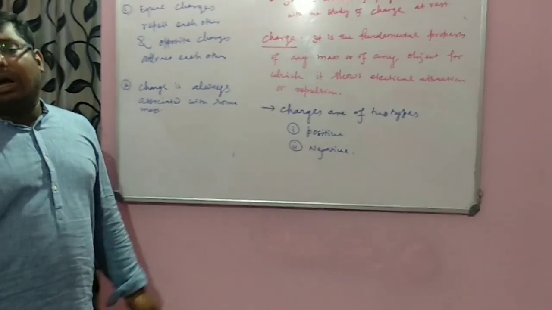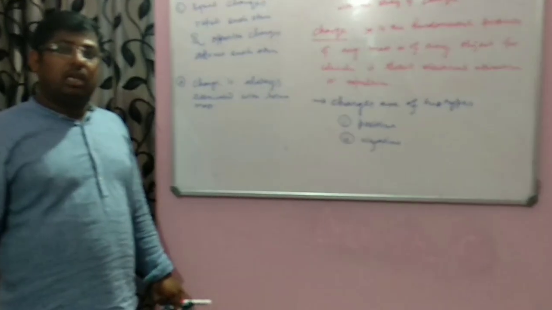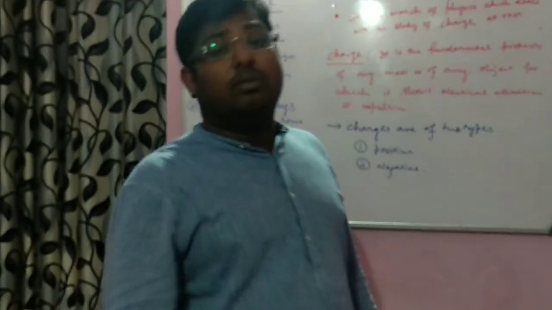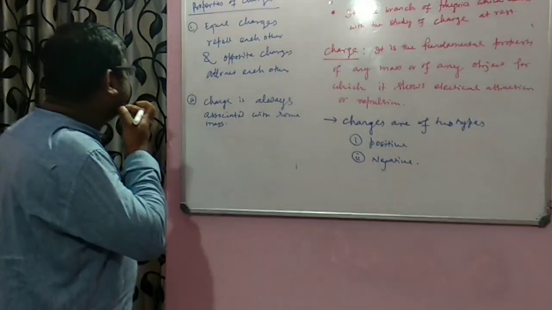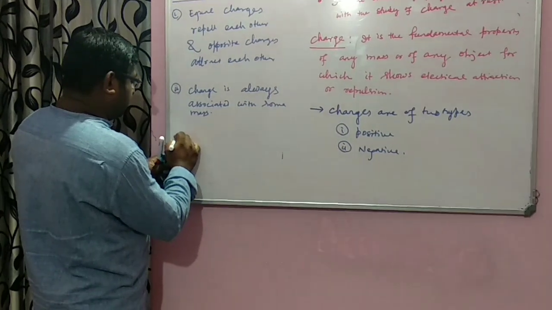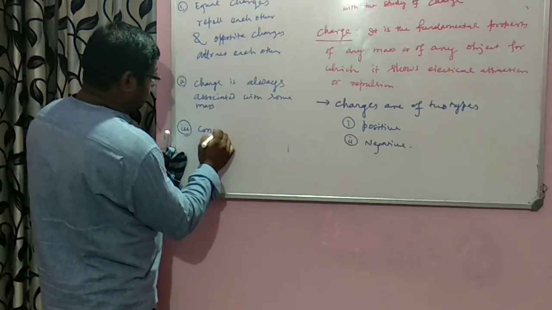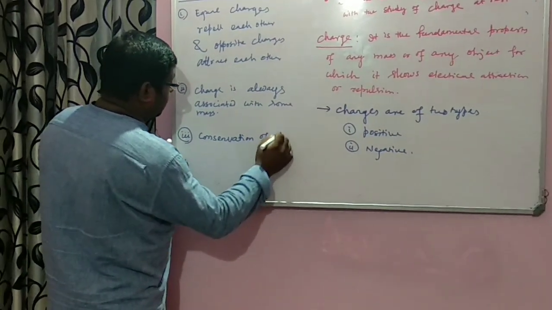So you cannot imagine of a charge which is only charge but there is no mass. When you are discussing about a charge particle means you have to consider some mass. Charge is always associated with some mass, right? Then next important point is conservation of charge.